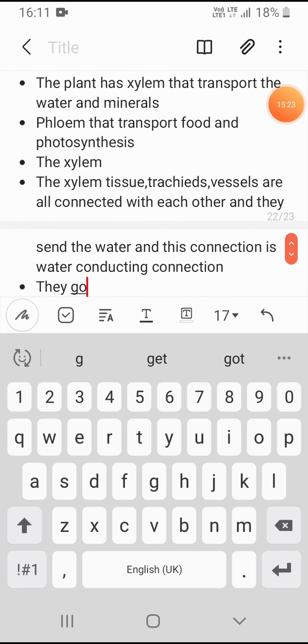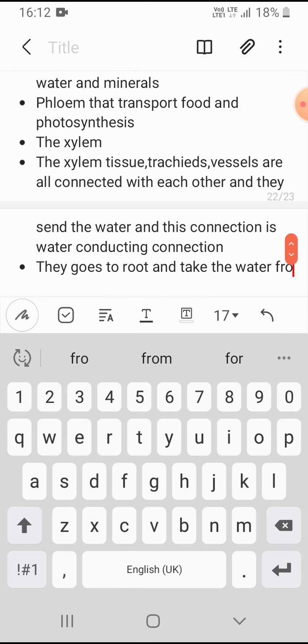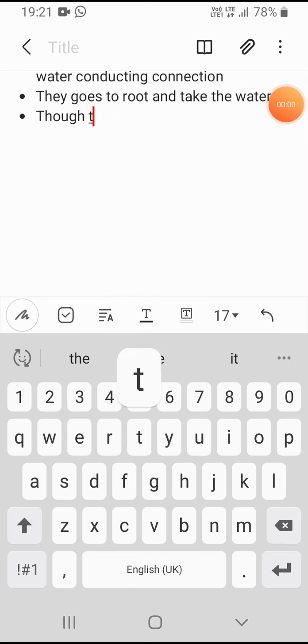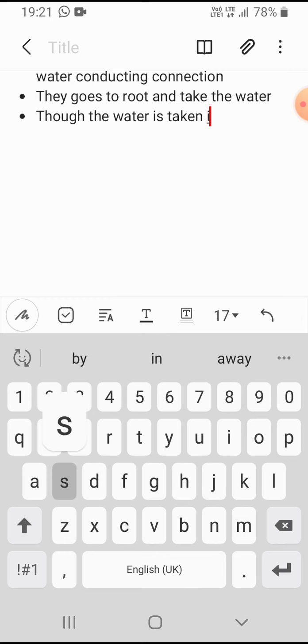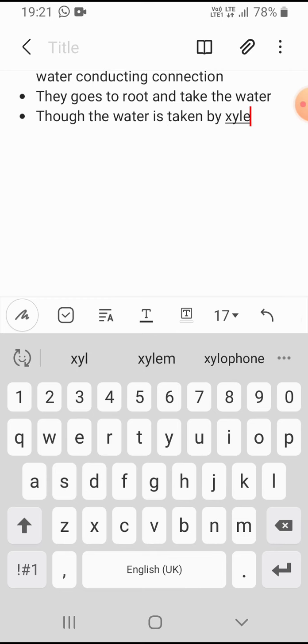It goes to the root and takes the water, and the water is taken by the xylem vessels.